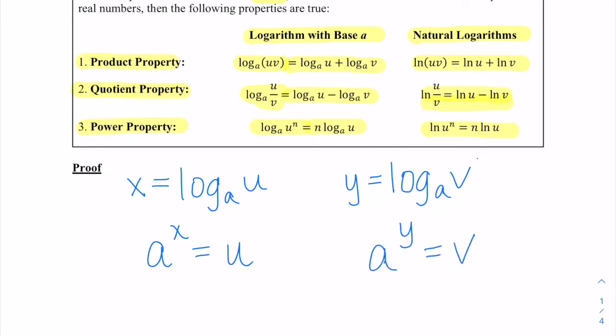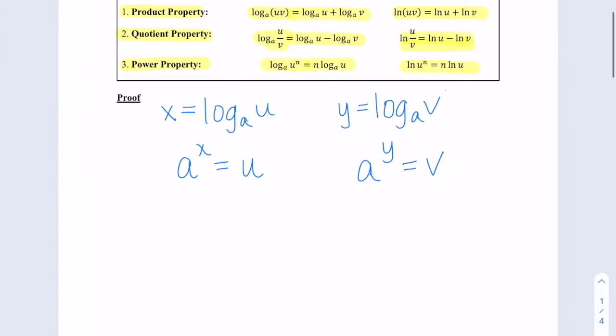You may have noticed that these properties are very similar to properties of exponents. All right, let's try this out.